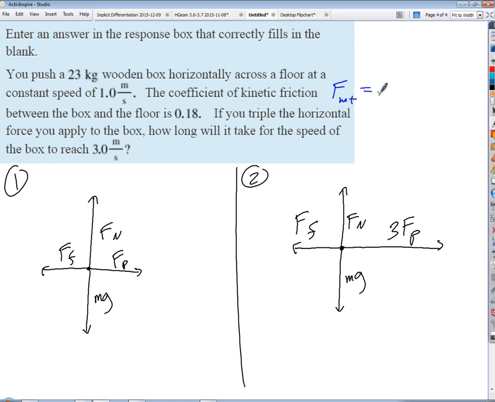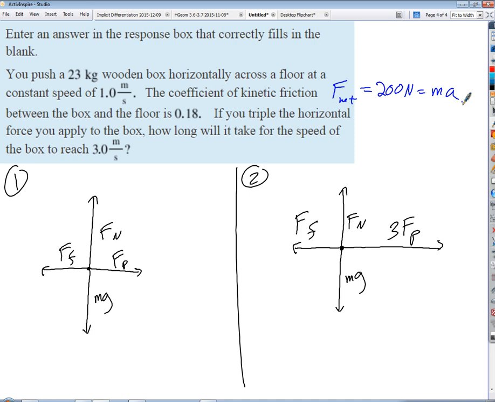Net force equals 200 newtons, right? Equals MA. But I know my mass, right? So I could calculate my acceleration, couldn't I? And if I could calculate my acceleration, doesn't this really just devolve to a kinematics problem?